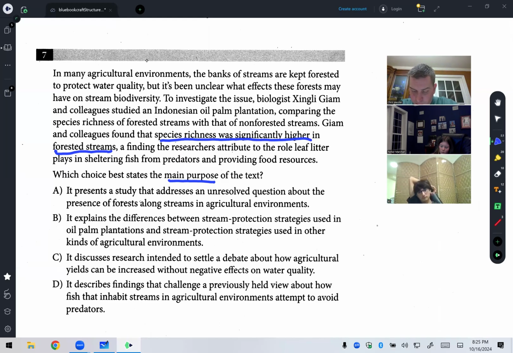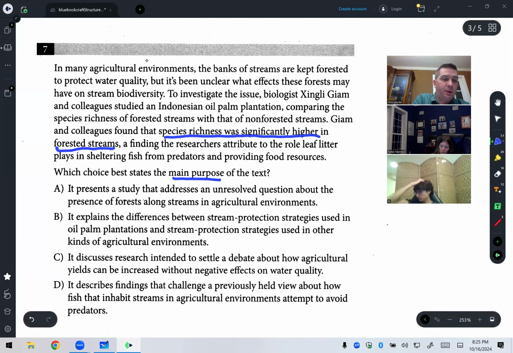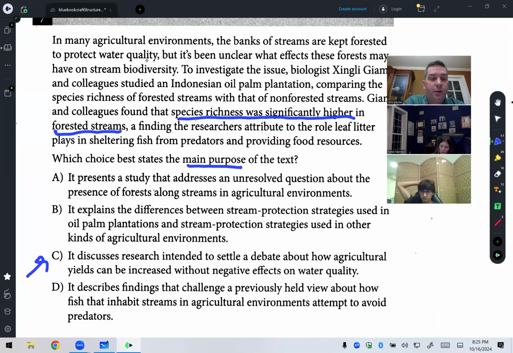Okay, let's look at some answer choices here. Let's look at C. I'm just going to consider C. Does it discuss research intended to settle a debate? What debate? About how agricultural yields can be increased without negative effects on water quality. Agricultural yields? That's not what the study was studying.